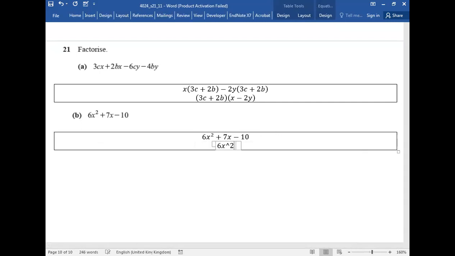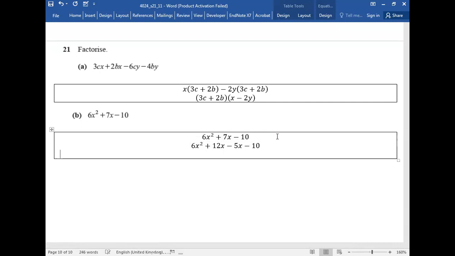So 6x square plus 12x minus 5x minus 10. Now from again 4 terms, what can we take common from the first 2 terms? Only 6x, and we're left with x plus 2. And in the next one, if you're not writing this sign down, you have made a very major error.